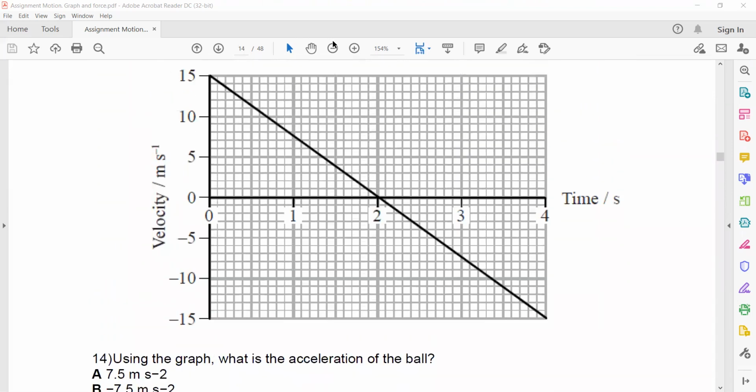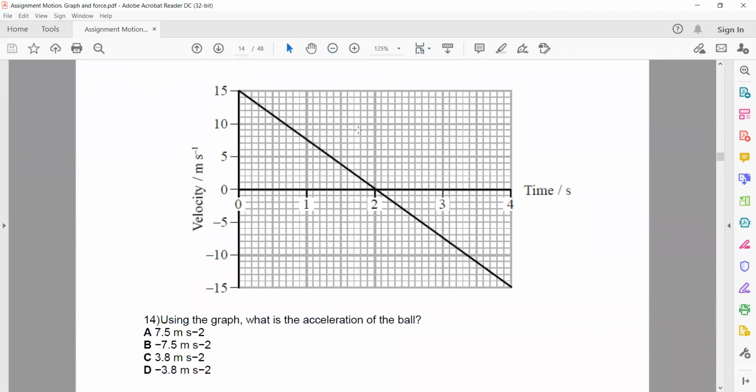In this question 14, it's using the graph: what is the acceleration of the ball? So how to work out the acceleration? Acceleration is change in velocity divided by time, or final minus initial. Final is 0. Because it's a straight line, we can take any interval for the time.